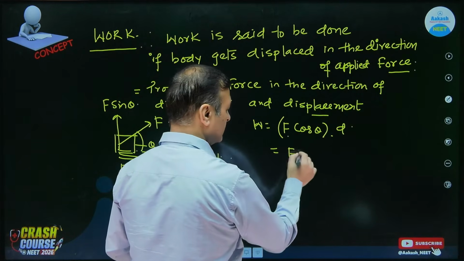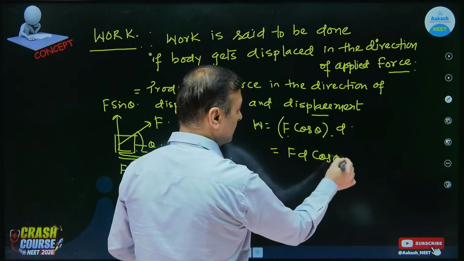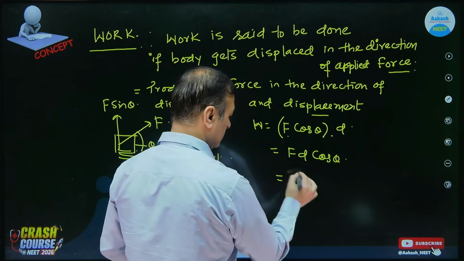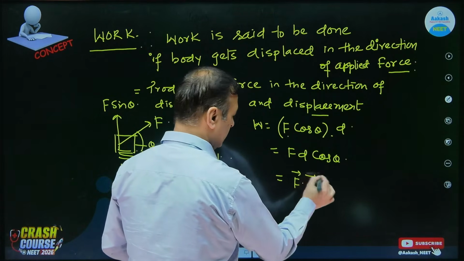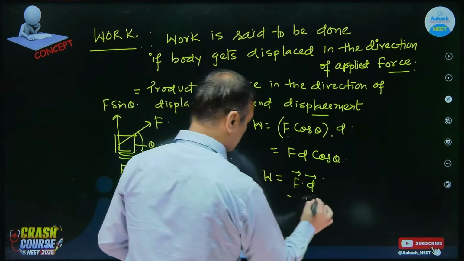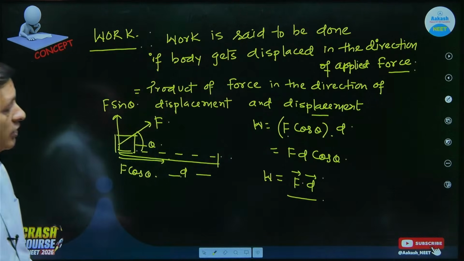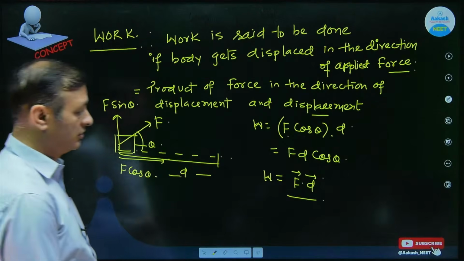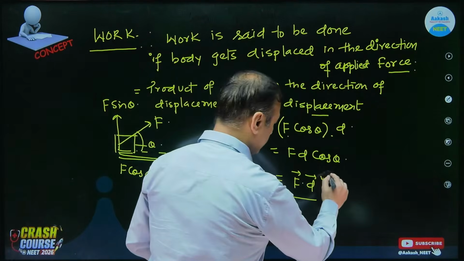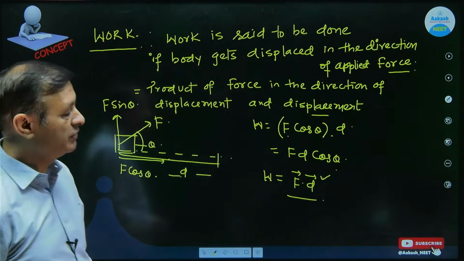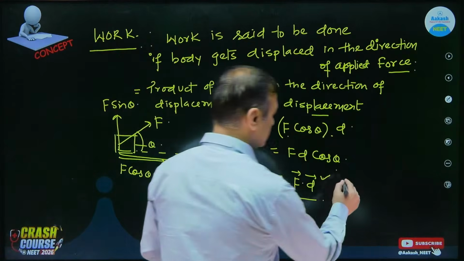So we call it Fd cos theta, or this is F dot d. So work done is a dot product of force and the displacement vector.